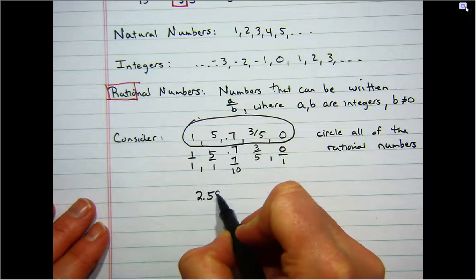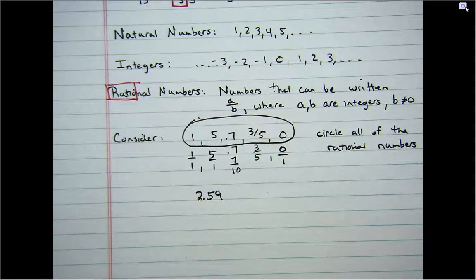How do you write something like 2.59 as a fraction made up of integers? Do you know how? No? Then you must not make eye contact. No, I'm just kidding. Does anybody know how you do that? Isn't it 259 over 1,000?